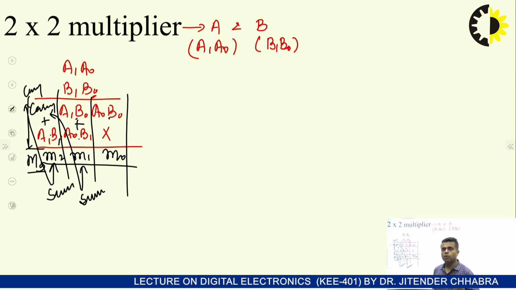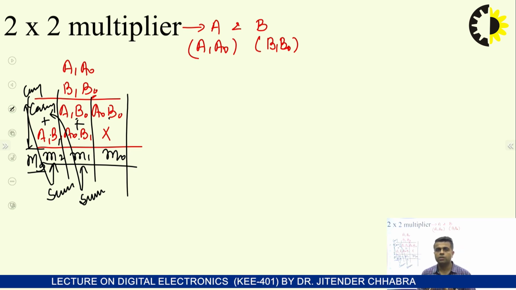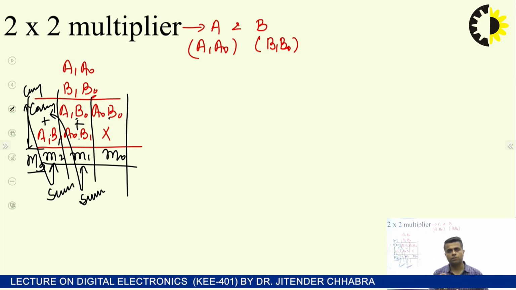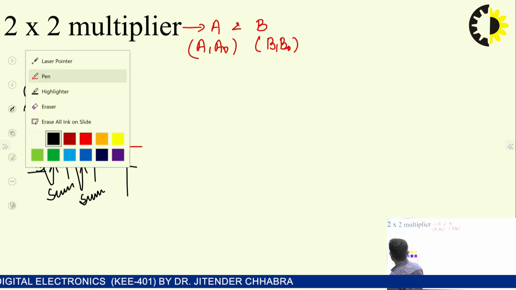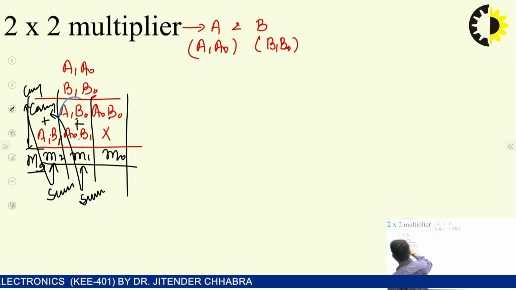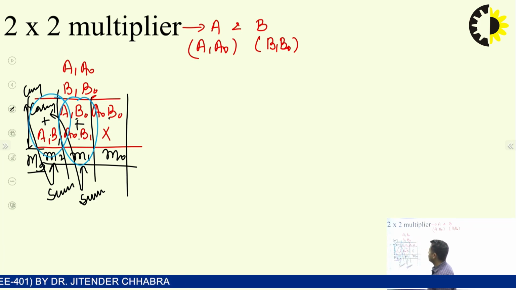So if the requirement is adding 2 bits and producing sum and carry, there is a circuit known as a half adder which can be used for this. For this particular stage a half adder is required, and another half adder can be used for this purpose.